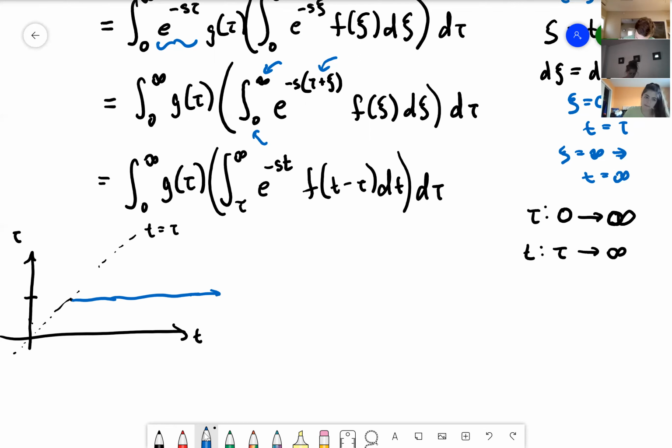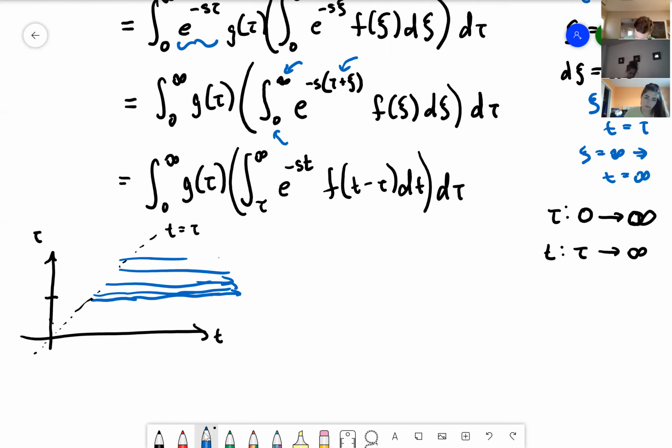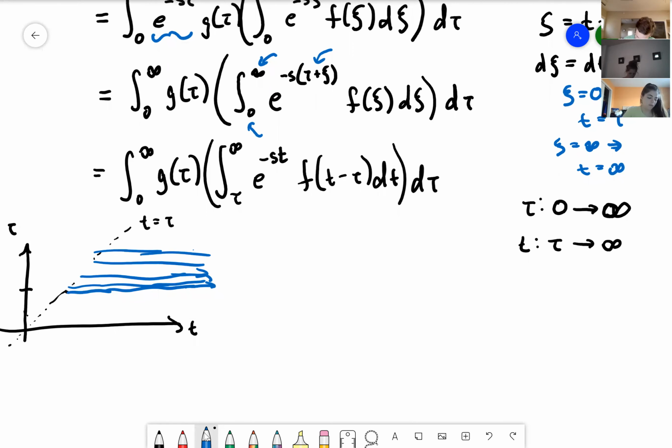And then we're going to move up and integrate to infinity, and so on like that, right? So it's going to be this infinite triangular region.